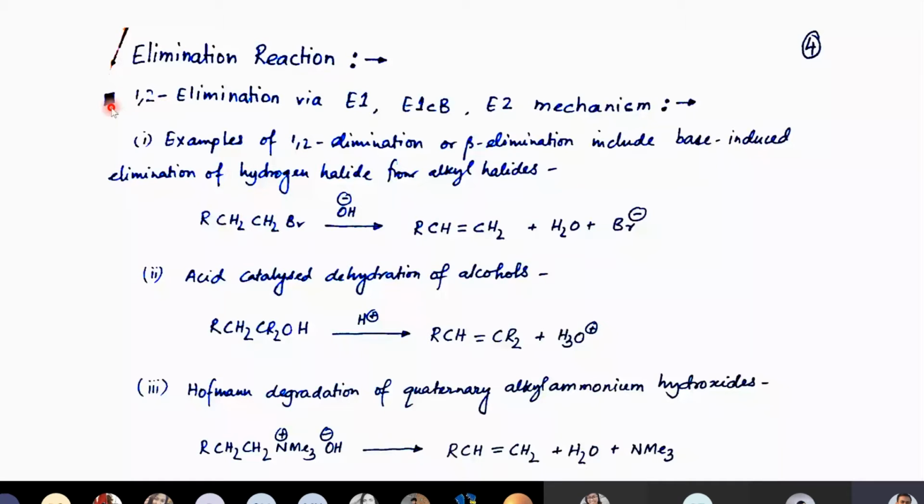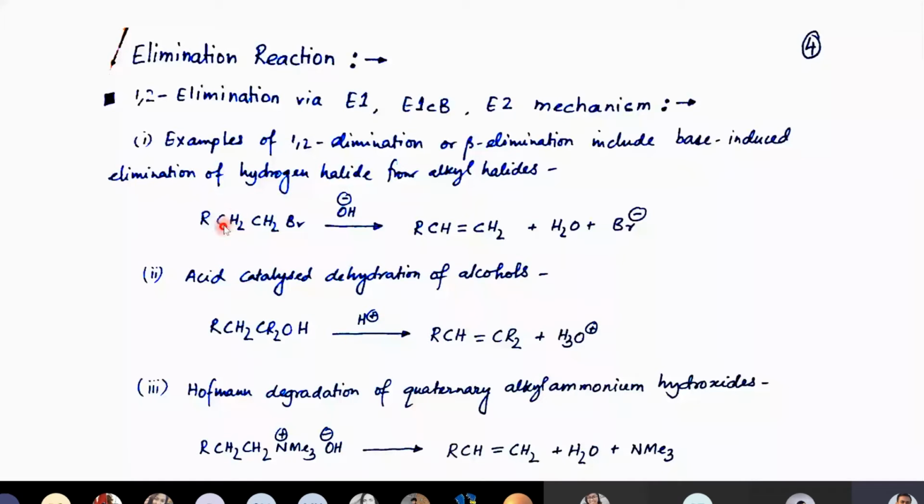What do I mean by 1-2 elimination? 1-2 eliminations are basically where your leaving group is attached to a carbon called the alpha carbon, and the carbon next to it is called the beta carbon. So these are called alpha-beta elimination, or more generally beta elimination.